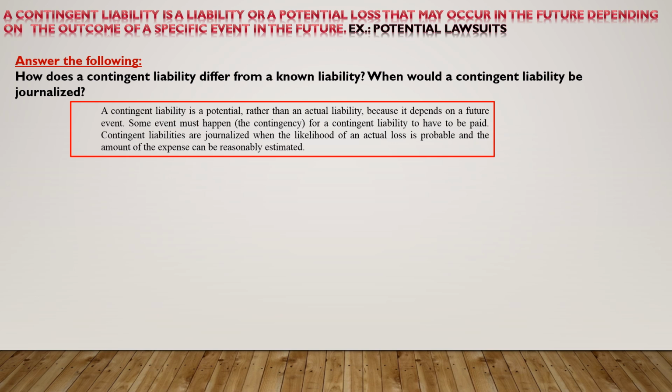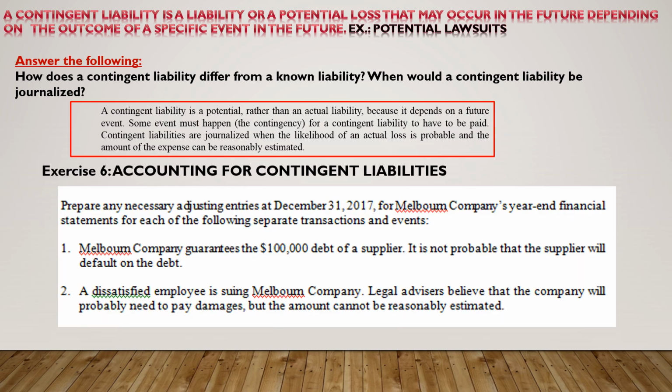Okay, let's see how I could record or treat the contingent liability from the accounting perspective. In this exercise, it's required to prepare any necessary adjustment entries by December 31st, 2017 for Melbourne Company's year-end financial statements for each of the following separate transactions and events.